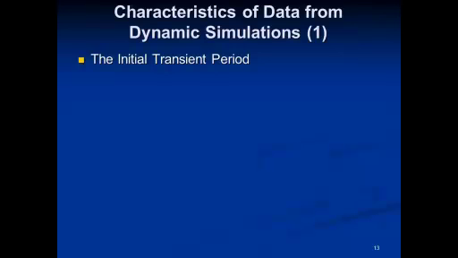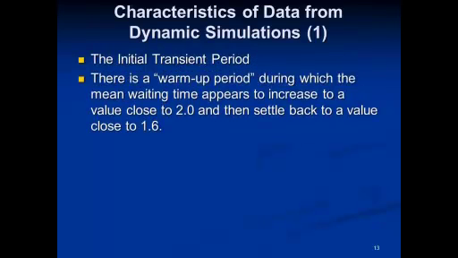Okay, initial transient period. There's a warm-up period during which the mean waiting time appears to increase to a value. In this case, it was close to 2, and then should settle back down to where we know the average waiting time is for that M/M/1 queue, given the inter-arrival time of 0.7 and the service time of 1.0.